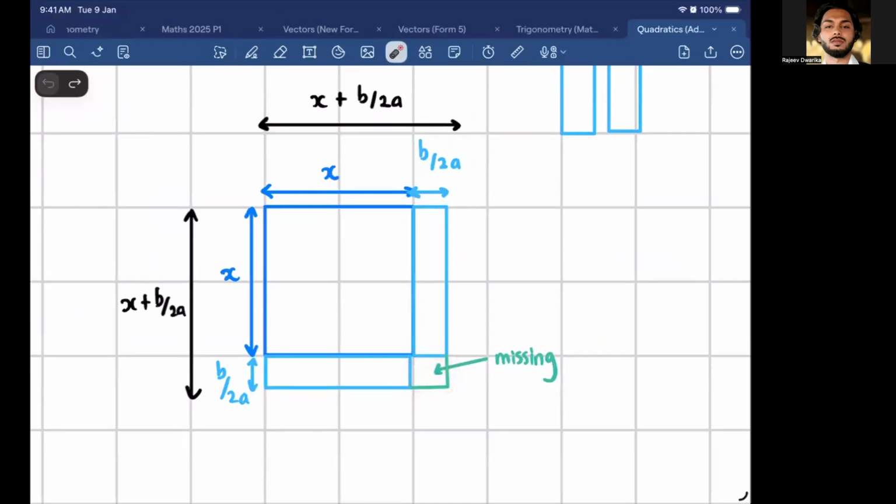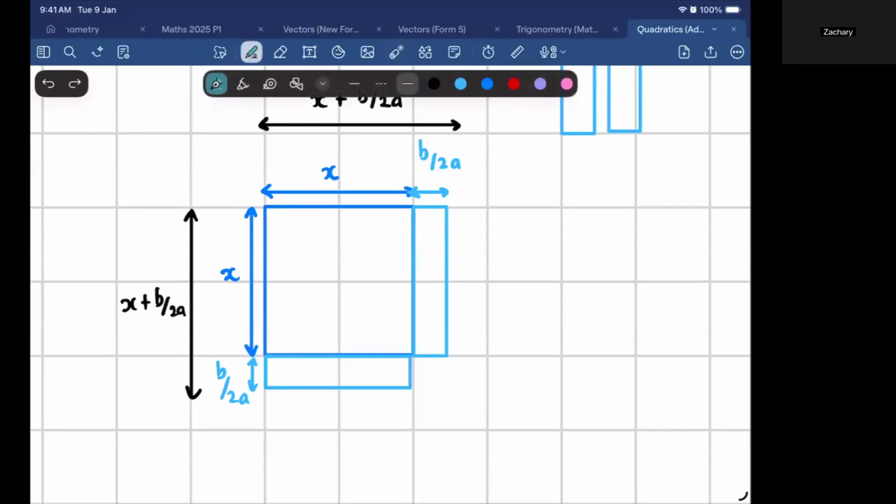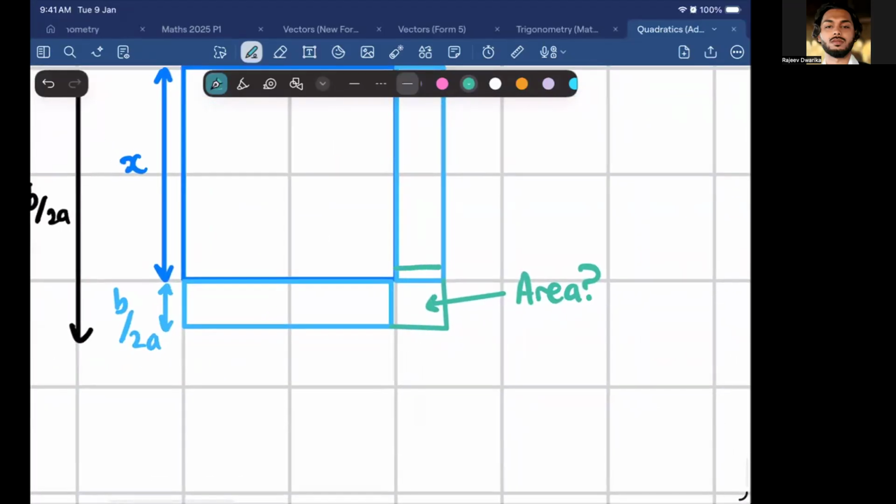Look at the diagram. Something is missing. This doesn't look like a perfect square. Yes, sir, this small piece over here is missing. I actually need to find the area of this missing piece, so you'd multiply b over 2a by b over 2a.